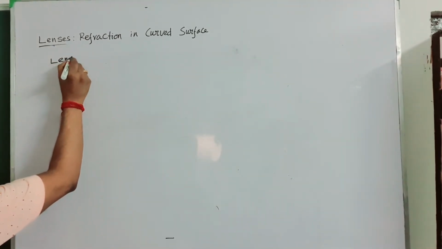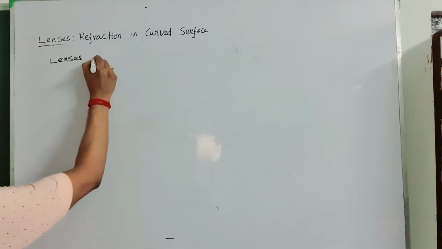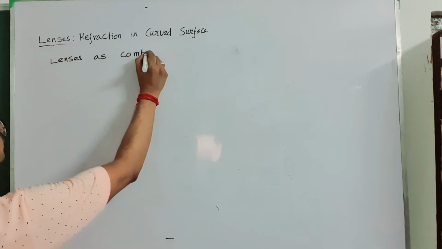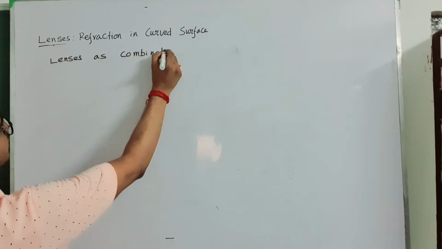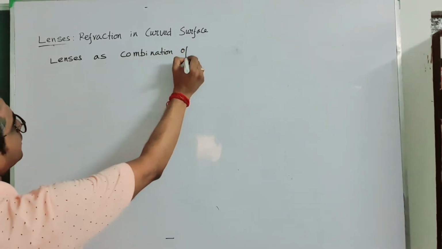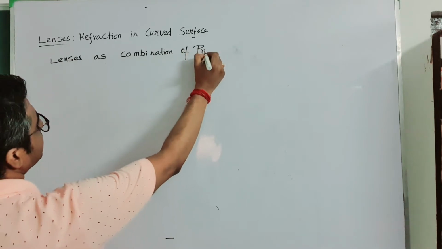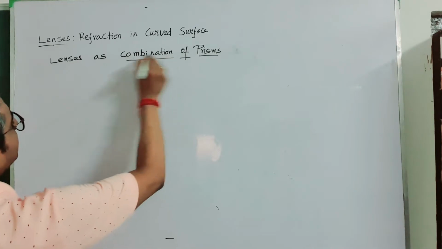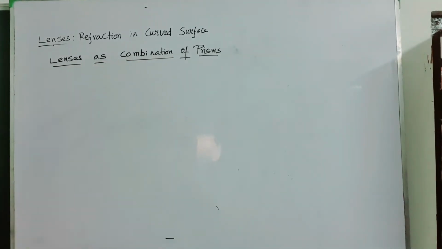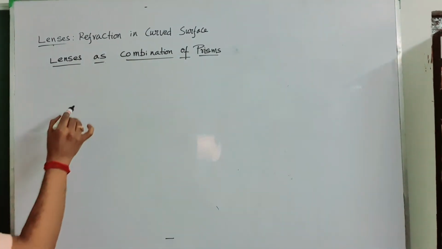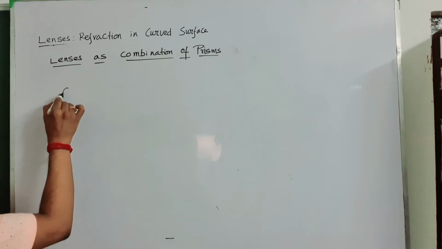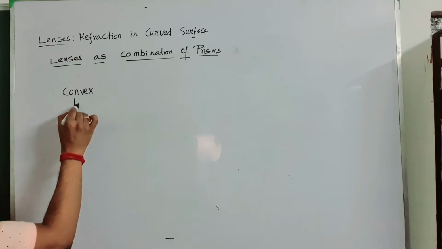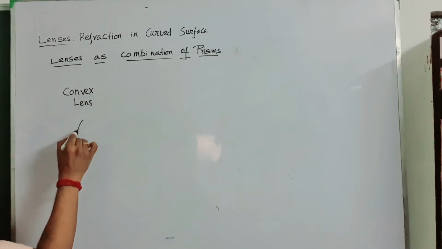Lenses as combination of prisms. So if I talk about a convex lens, convex lens looks like this.